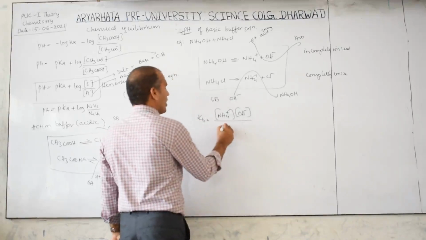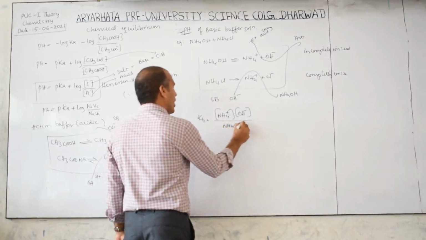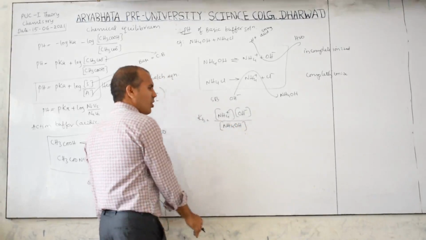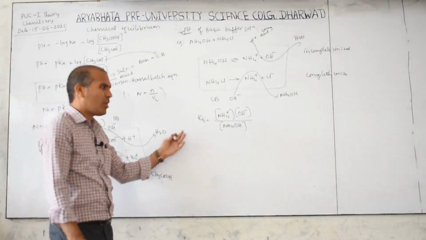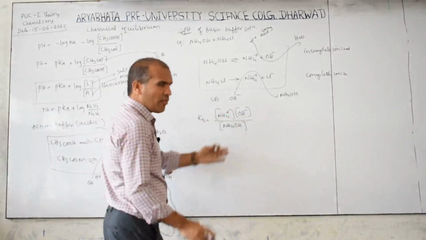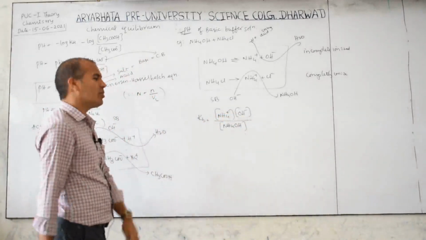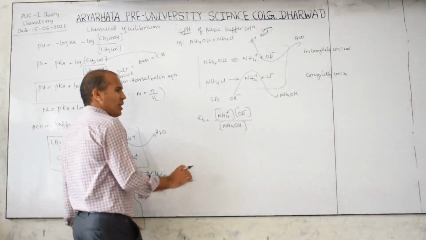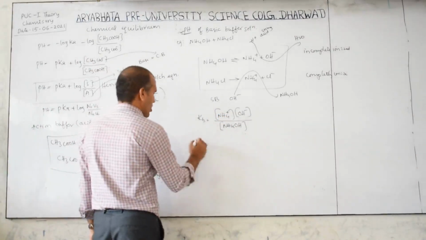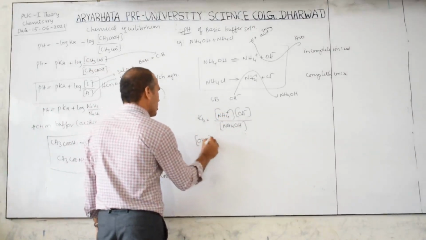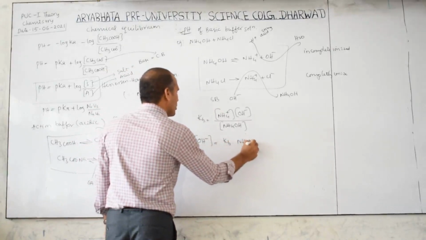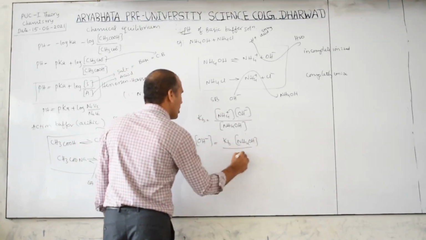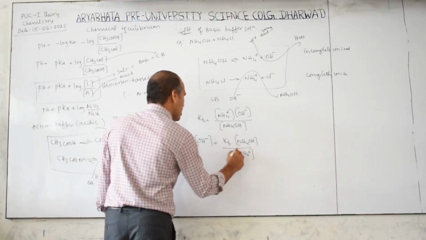Now you can write NH4OH concentration. Now to calculate the pH, what is required? H plus ion is required, but here H plus ion is not there, OH minus ion is there. When OH minus ion is there, we can convert into pH also, because we know that pH plus pOH is equal to 14. So the OH minus ion concentration is equal to Kb into NH4OH concentration, denominator NH4 plus concentration.